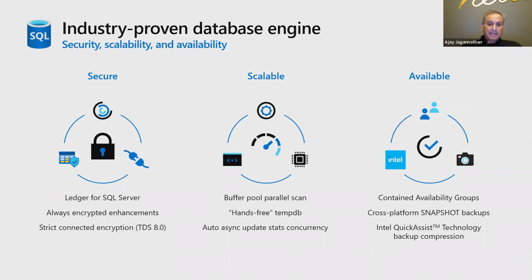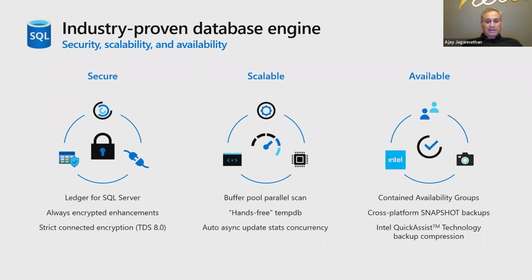In the scalability pillar, our goal is to make sure you can leverage and get maximum performance on high-end hardware. A good example is buffer pool parallel scan. On large memory systems, we have noticed customers sometimes have issues with scans having either contention or taking a long time.